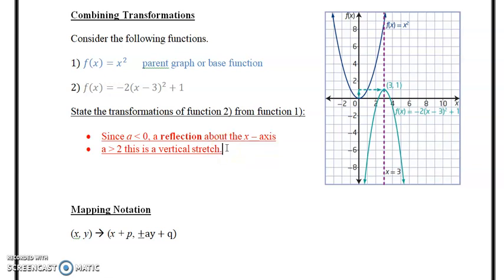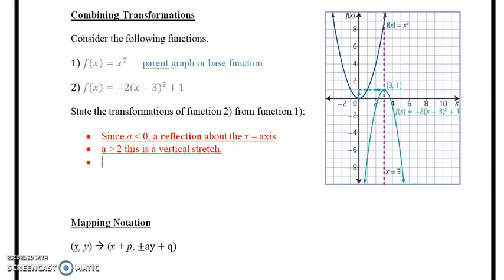Right? And also, we have two transformations. We have a vertical transformation and a horizontal transformation. Notice the p value is 3. So p is equal to 3. Remember, it's the opposite sign. So if it's subtract 3, we say it's 3.